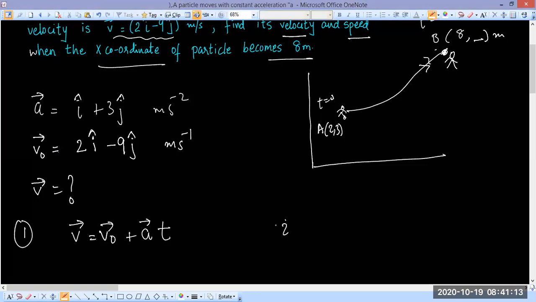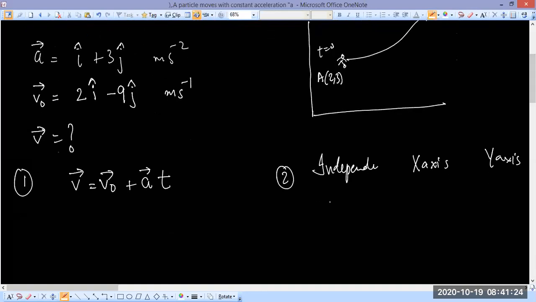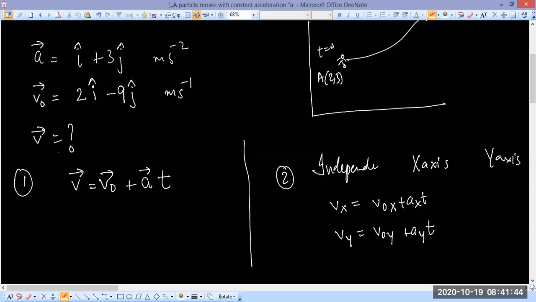Or the second option is separate or independent calculation for x-axis and y-axis, as was just taught. Then you will have to find vx and vy separately. We did this in projectile motion also. However you do it, you get the same answer, right? It's not a problem. These are just two different methods.